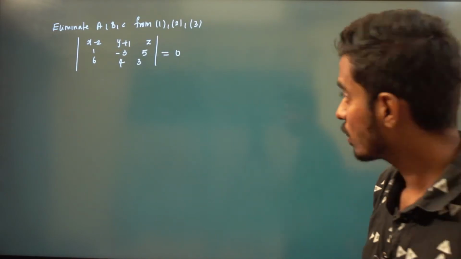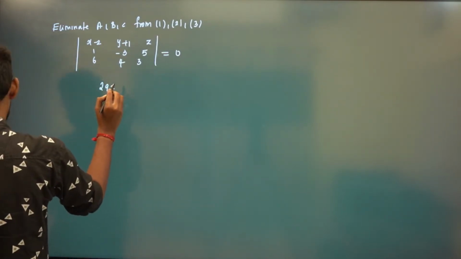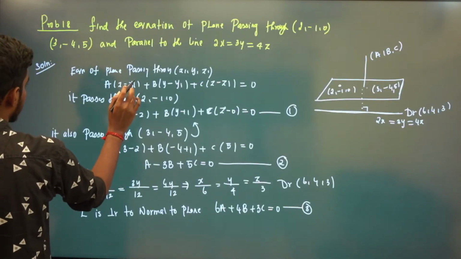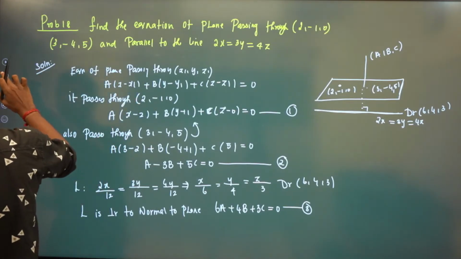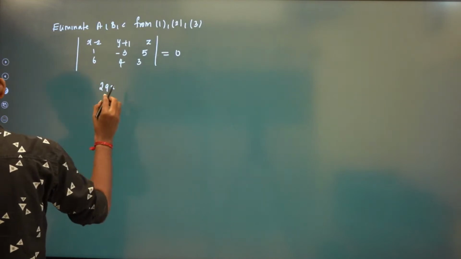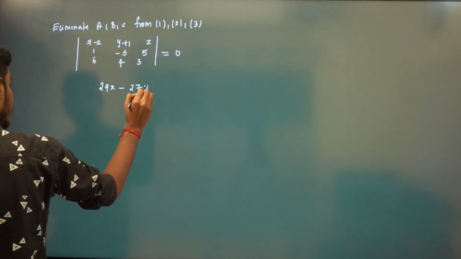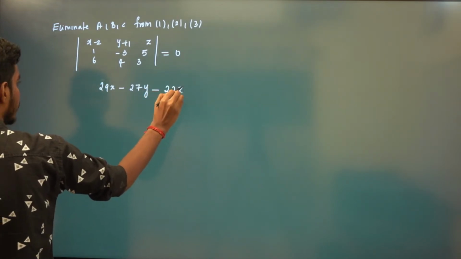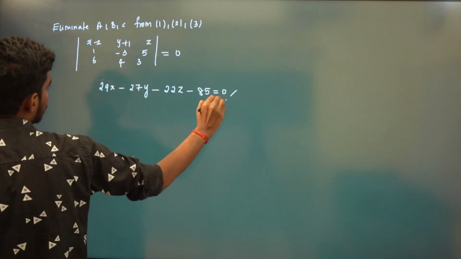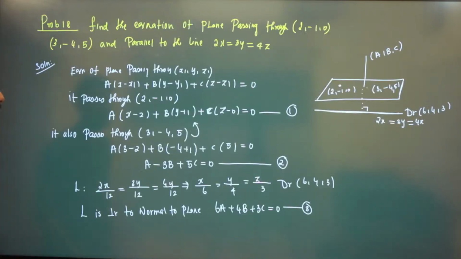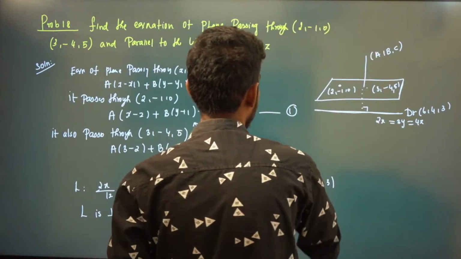So if we solve this, you will have 29x minus 27y minus 22z minus 85 is equal to 0. This is the equation of the plane that passes through 2 points, and also it is perpendicular to the line L.